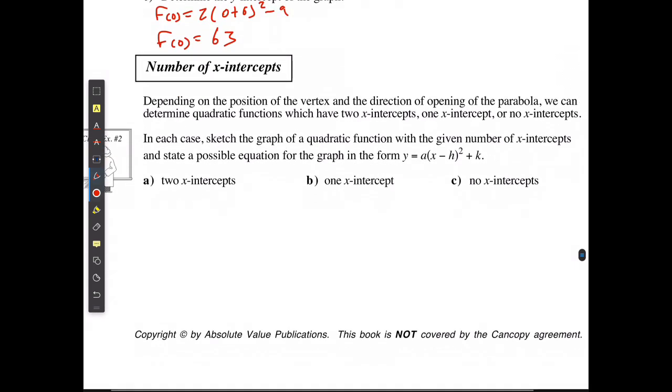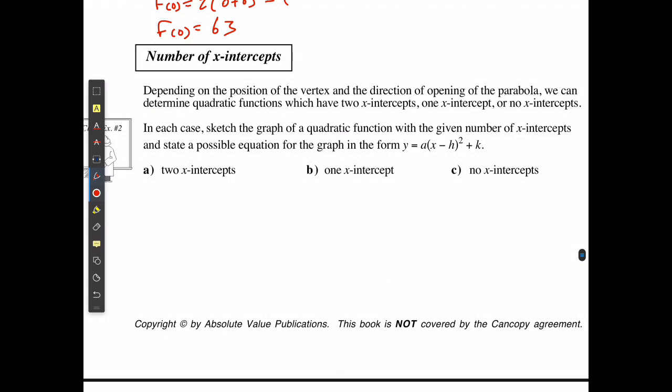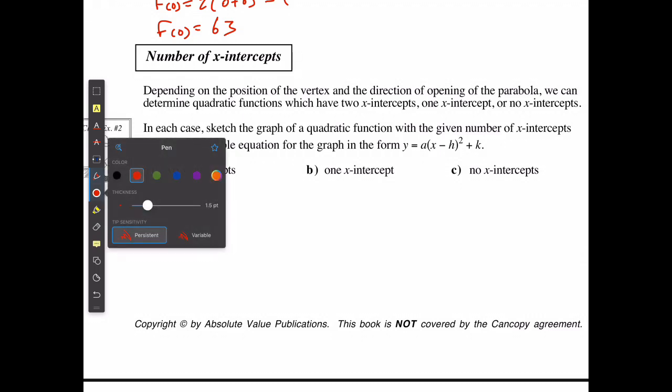If I'm thinking about the number of intercepts, then the number of intercepts are either going to be 2 intercepts, 1 intercept, or no intercepts based on where the vertex occurs and which direction the graph opens in.